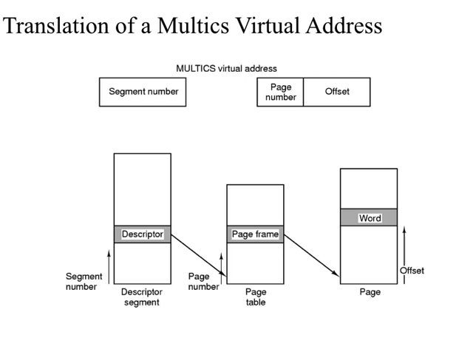So you would use the segment number as an index into the segment descriptor table, and access the specific descriptor for the segment you are accessing. That descriptor would give you the address of the page table for that segment.